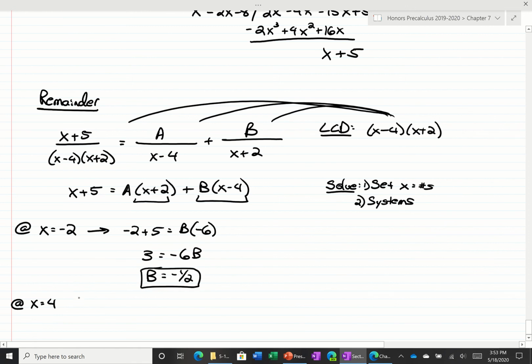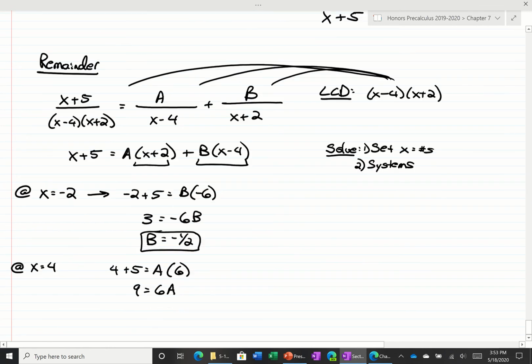If we were to plug in 4, we would get 4 plus 5 is equal to A times 4 plus 2 is 6. So that would be 9. And we would get that A is equal to 3/2.